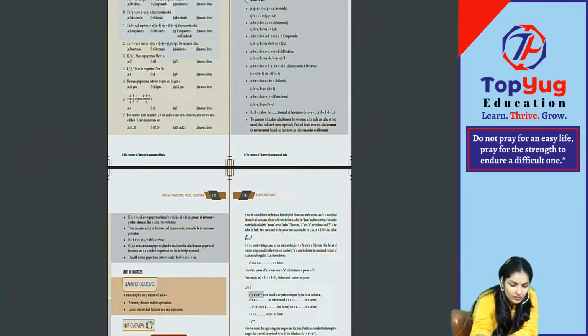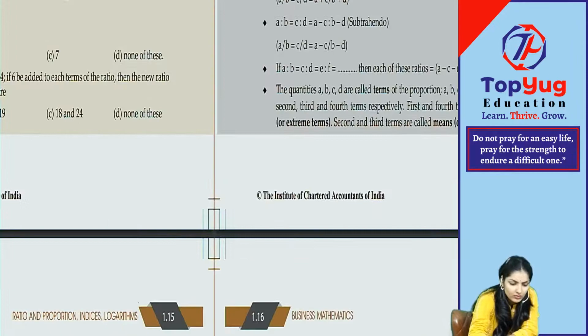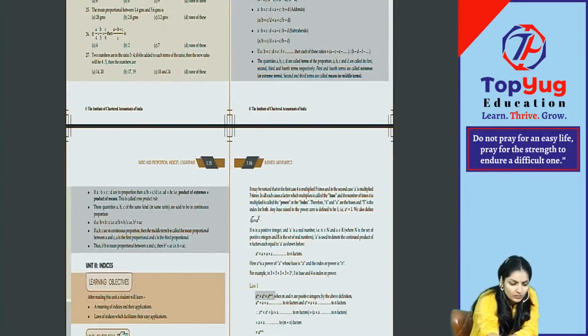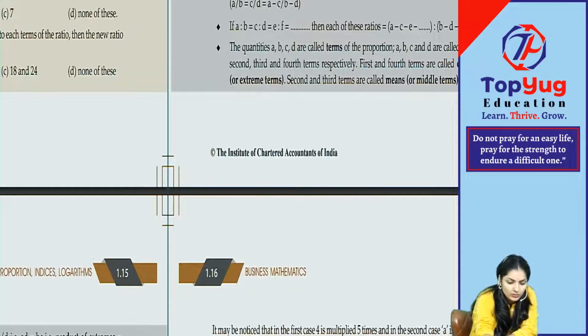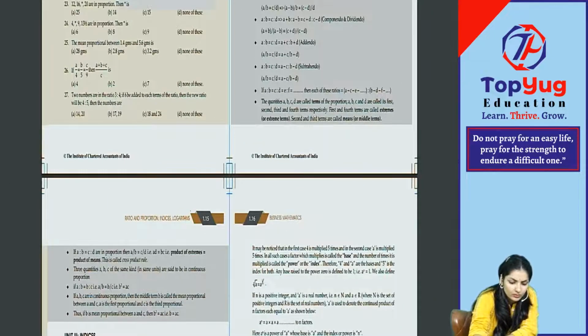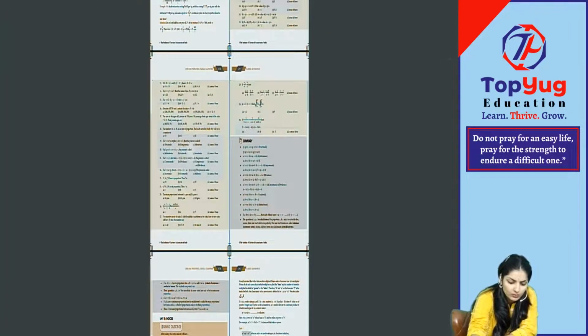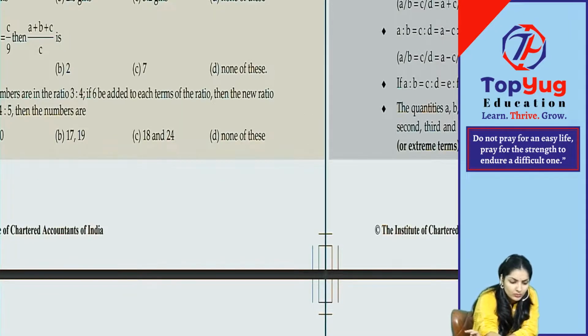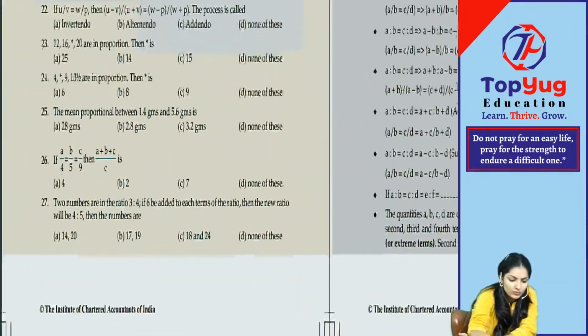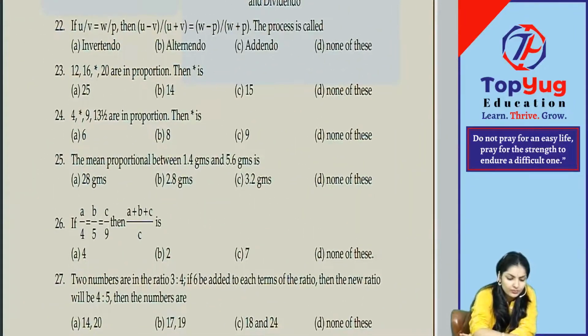Which one are you doing? Mean proportion: 1.4 into 5.6, or 14 by 10 into 56 by 10 whole root then.